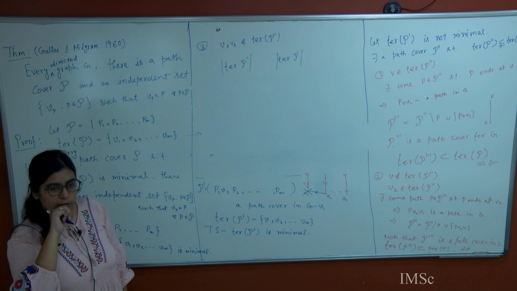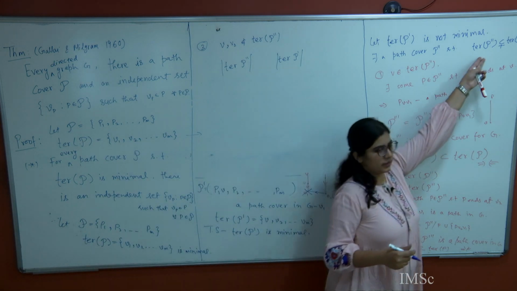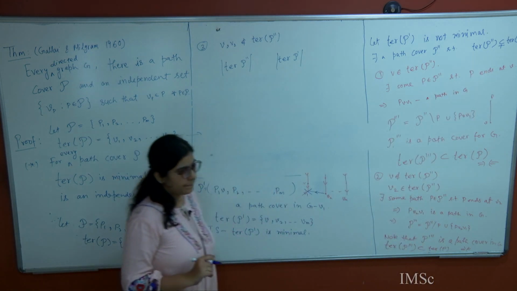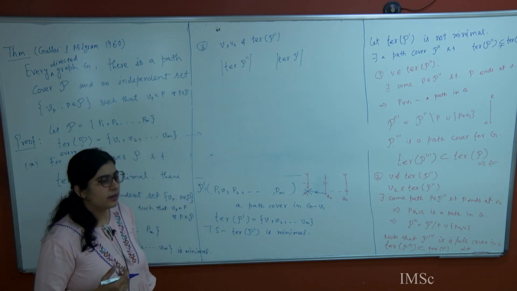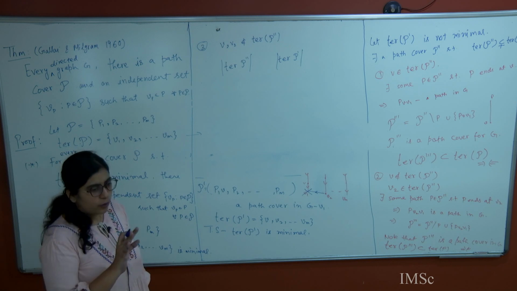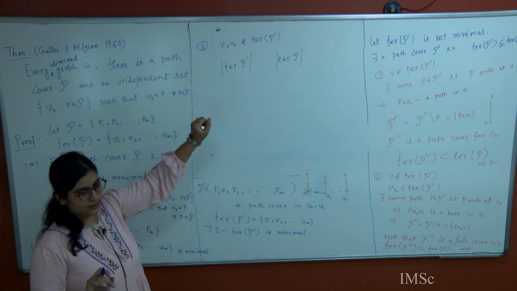What can you say about its cardinality? Strictly less than, because we were taking a proper subset. So strictly less than was there. But you are saying only these two are not there? No, we don't know, but at least these two are not there.